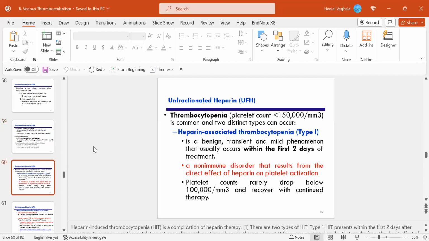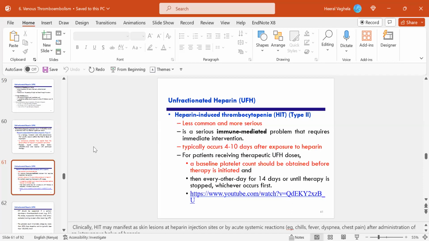With unfractionated heparin, you have 2 types of thrombocytopenia. Type 1 usually occurs within the first 2 days of treatment, and it's a non-immune disorder, while type 2 is more serious and immune mediated, and usually occurs between 4 to 10 days after exposure to heparin, but it's less common.